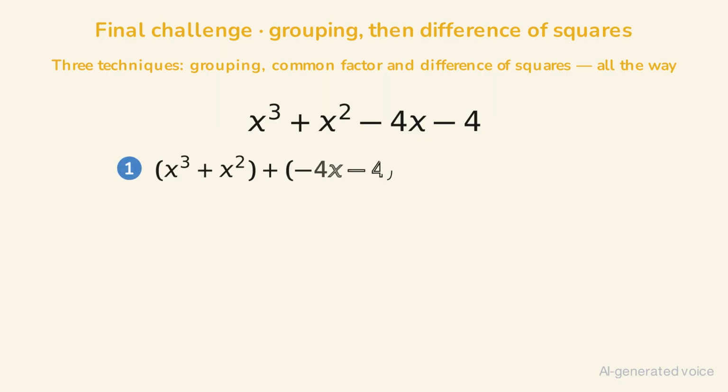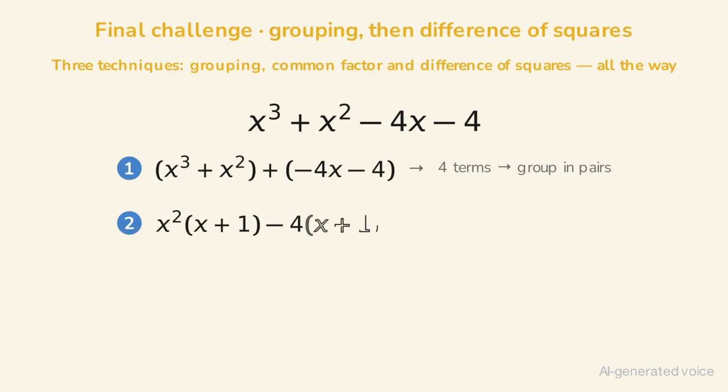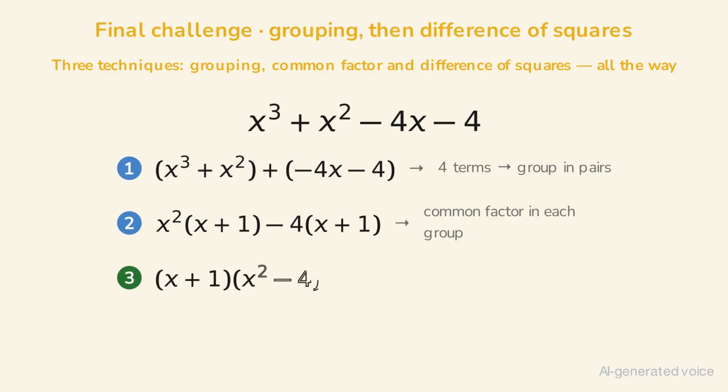Step 1, on one side, x cubed plus x squared, on the other, minus 4x minus 4. Step 2, I take the common factor out of each group. In the first, x squared times (x plus 1). In the second, minus 4 times (x plus 1). Step 3, the common binomial appears, x plus 1, so we get (x plus 1) times (x squared minus 4).